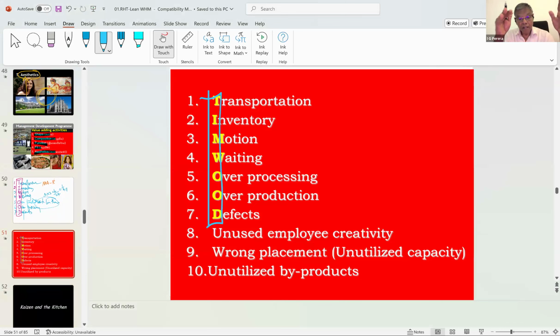And they identified further unused employee creativity as another. Employees have got a lot of creativity, but they don't have an opportunity to implement. Their creativity is not used.